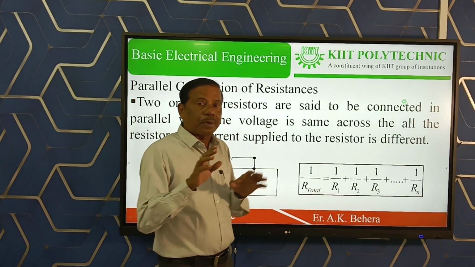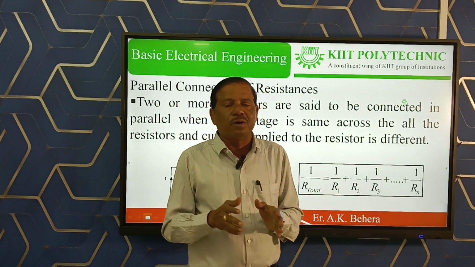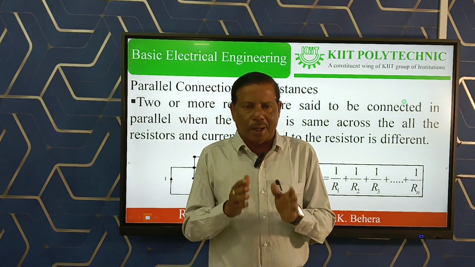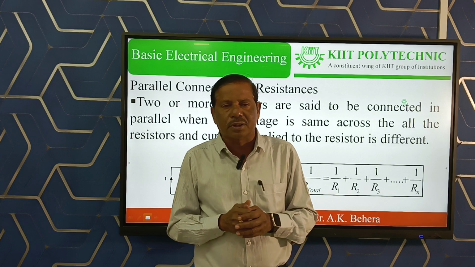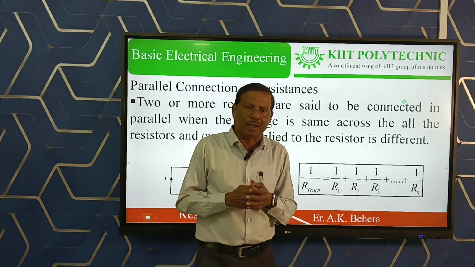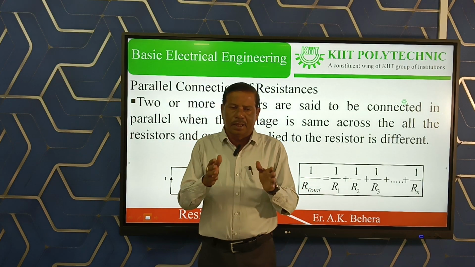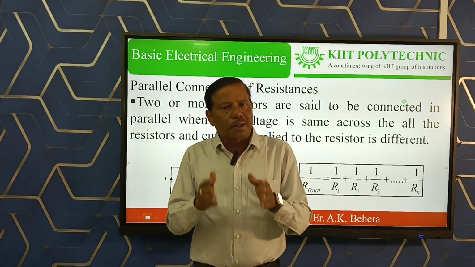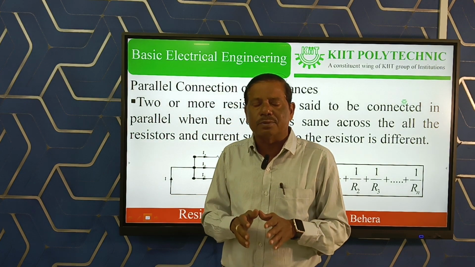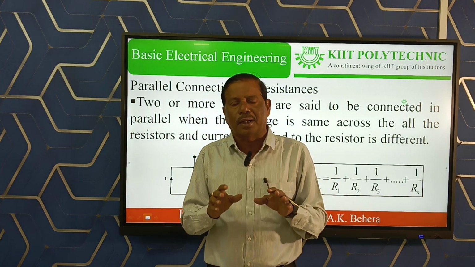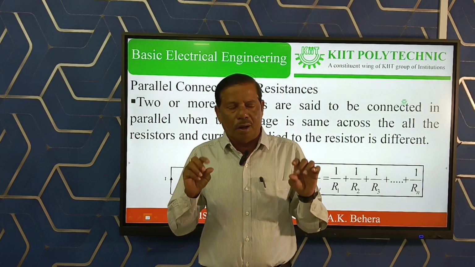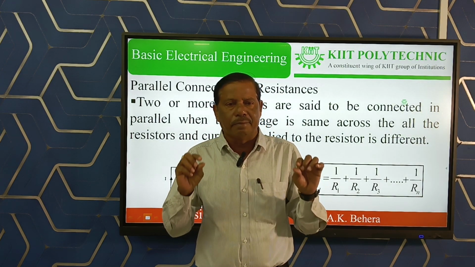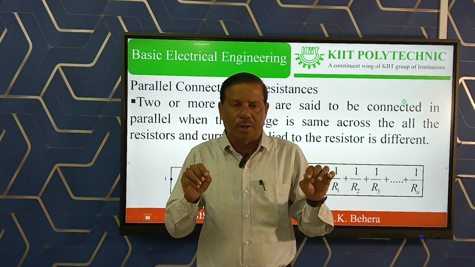Now let us come to the parallel connection. Parallel, as you know, means they are parallel to each other. As in mathematics, parallel lines don't meet at a particular point. But in an electrical circuit, when we connect the elements in parallel, the two sides of the elements are commonly joined.